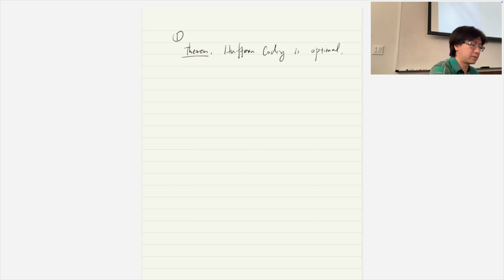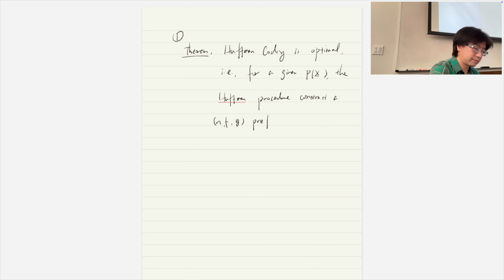The meaning of optimal is that for a given probability distribution, PMF, the Huffman procedure constructs a prefix code with minimum expected length L. So that's the meaning of Huffman coding.